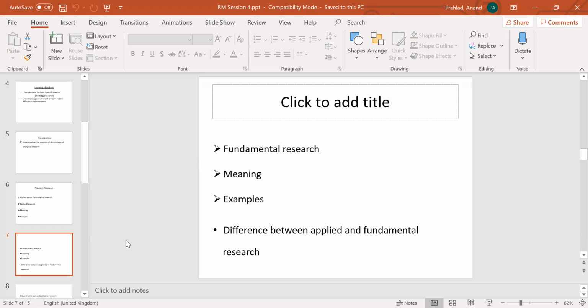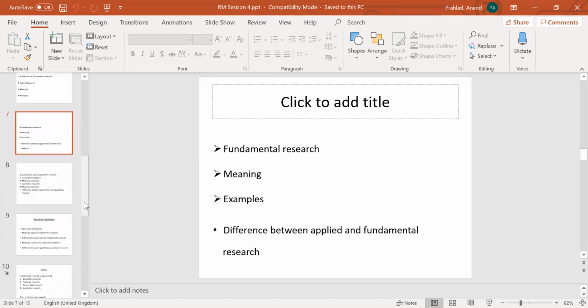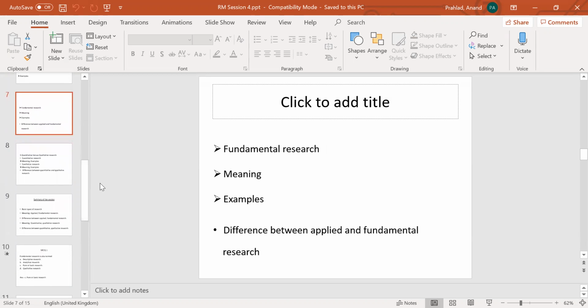Moving on to fundamental research. Fundamental research is also called basic or pure research, where we are mainly concerned with generalizations and the formulation of theory. Or, in other words, this type of research aims at gathering knowledge for knowledge's sake.